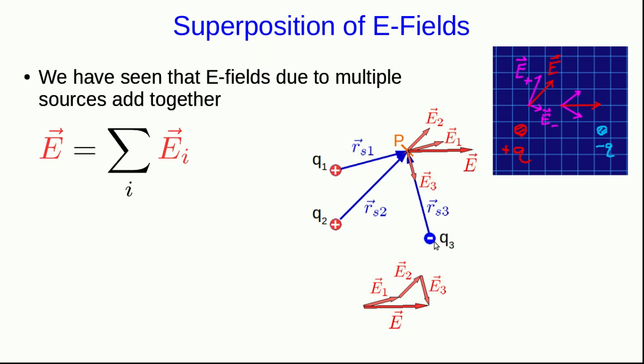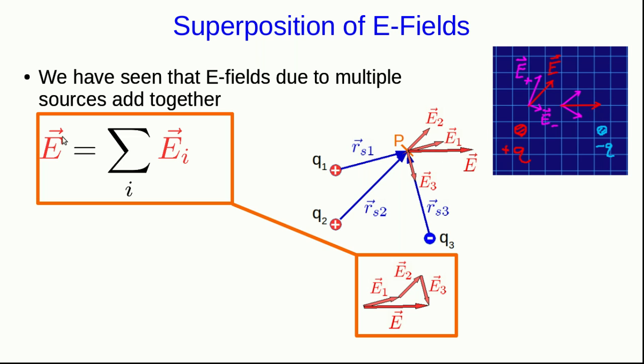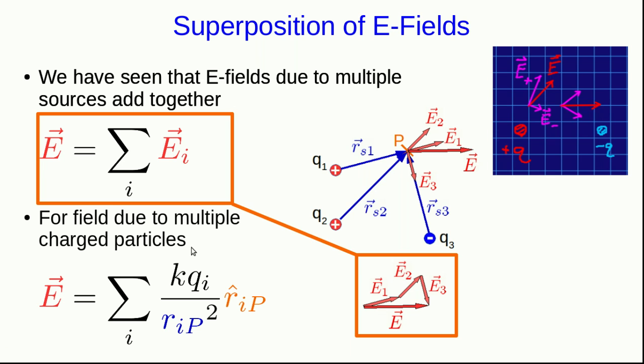And remember that this is a vector sum, and so in a case like this where we have three source charges and we're interested in the field at P, we can think about each of those source charges as producing a field of its own, and the total E-field at point P is the vector sum of them. And note that that vector sum, while you can find it algebraically, the real meaning of this sum is a picture like this, where we're putting the individual vectors head to tail to get a total.